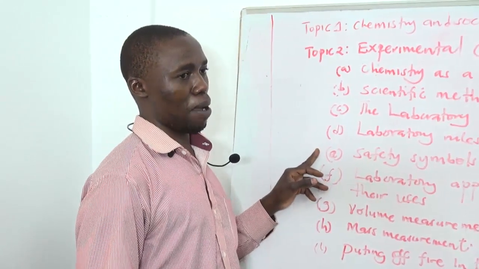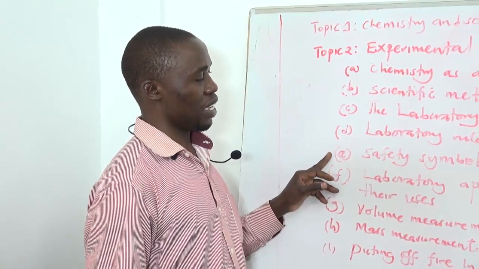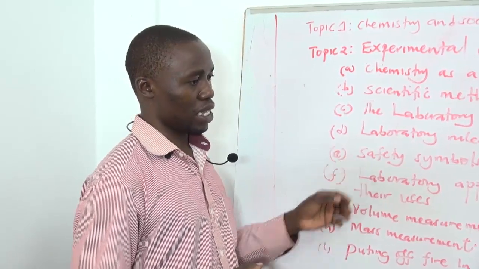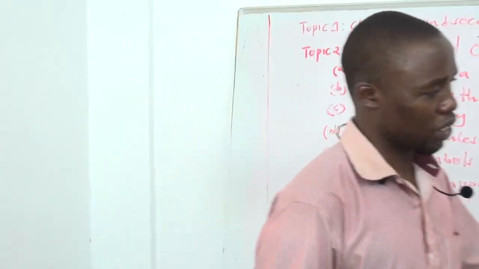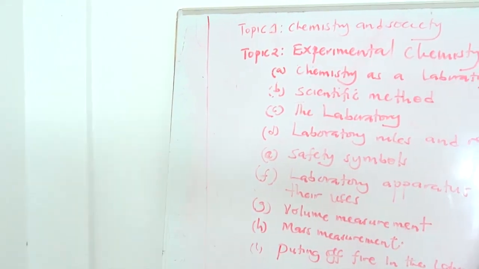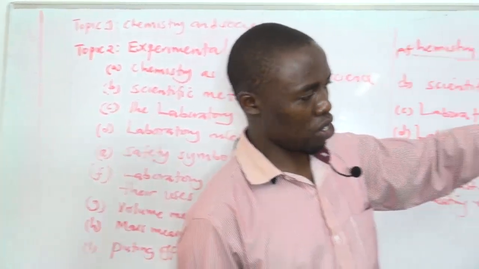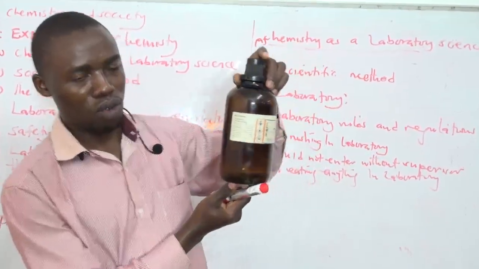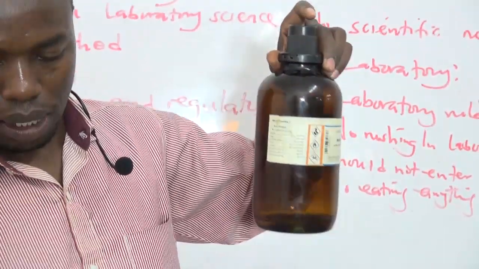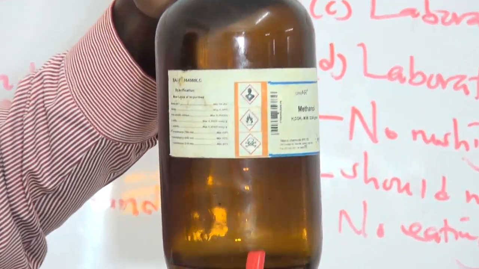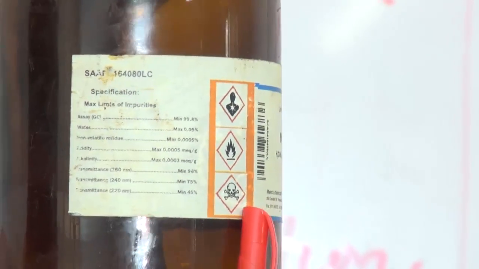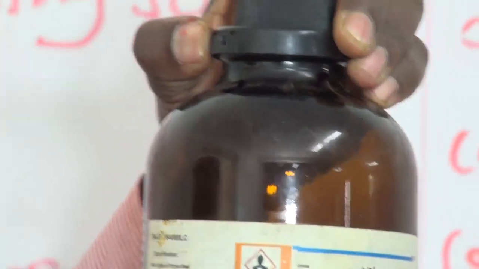Let us jump here. Safety symbols. Now, in the discussion of safety symbols, I brought this bottle. The bottle is labeled methanol, and it has some symbols here. There are so many, but I've only brought this.